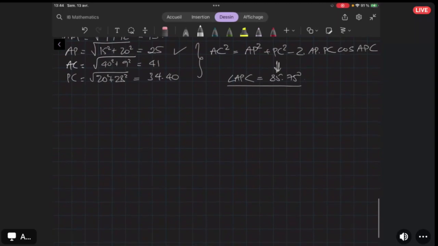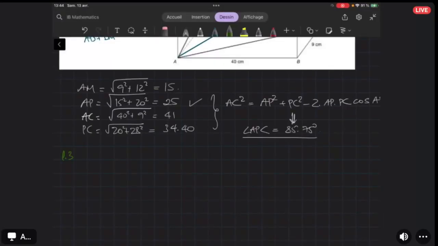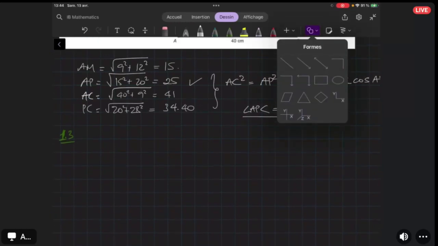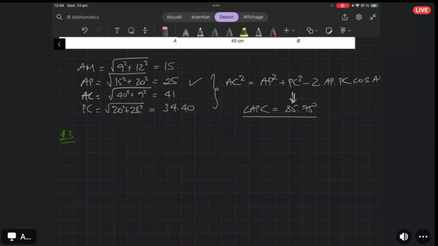Bearings. Quick recap. Personally, I don't know why people struggle with bearings so much.